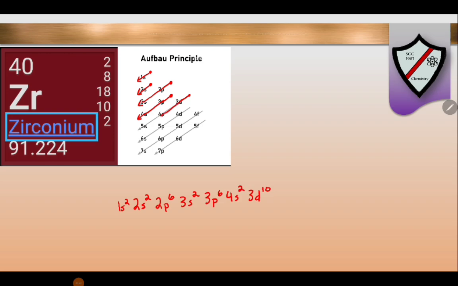Continuing down that arrow, the next orbital in energy level order is the 4p orbital, and p orbitals hold 6 total electrons.